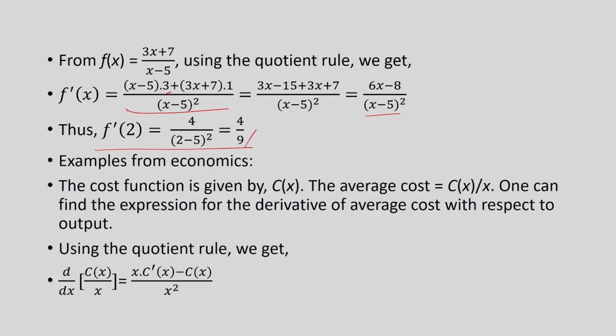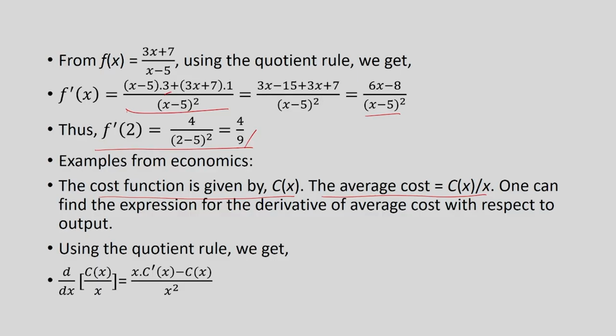Okay. Again, I talk about another example from economics. Now, we know there is this thing called the cost function C(x). x is the output, C is the cost. The average cost is given by C(x) divided by x. Basically, we are dividing the cost function by the quantity produced.